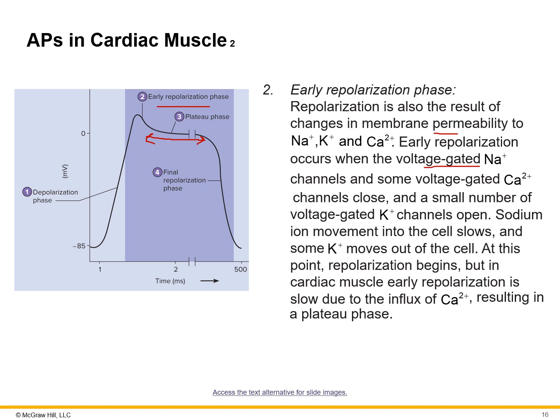This is when the voltage-gated sodium channels and some of the voltage-gated calcium channels close, but only a small number of the potassium channels open. It takes longer for those potassium channels to open, which means it's longer until we get back to rest. So sodium ions continue to move, but it slows, and then we have that slower movement of potassium.